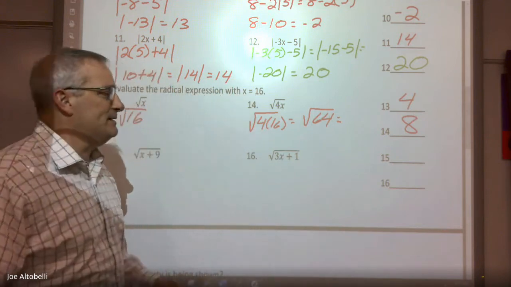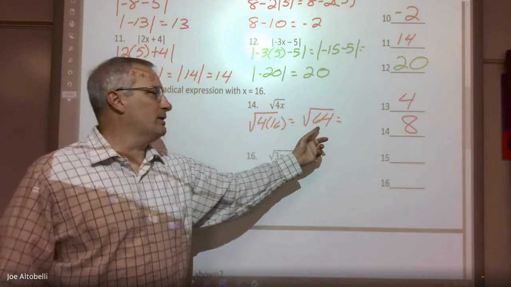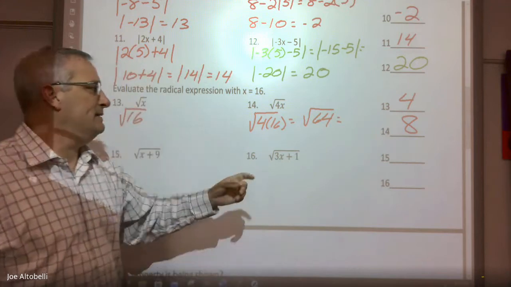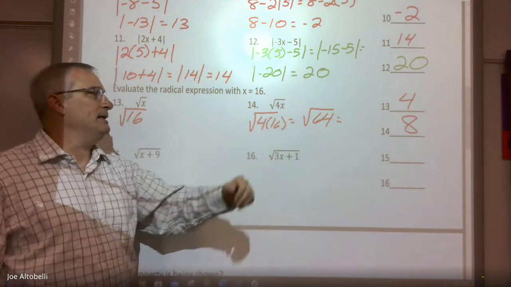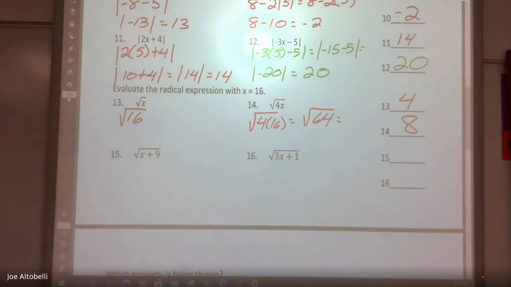Eight times 8 is 64, so the square root of 64 is 8. We had to go 4 times 16, and 4 times 16 is 64.